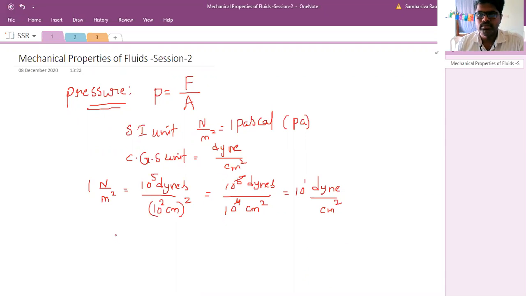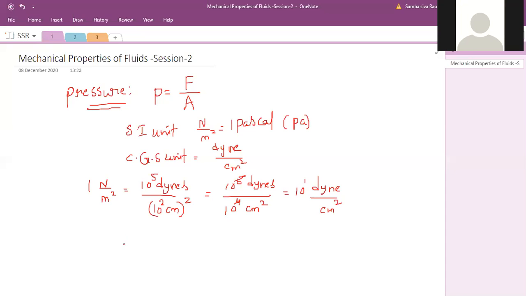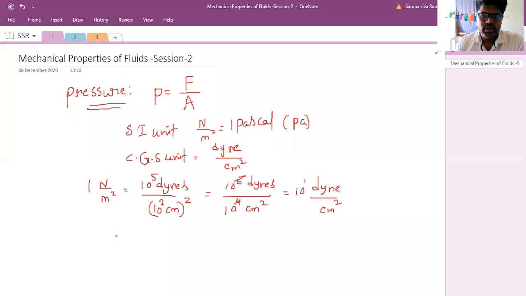Next, one more unit is called the atmosphere. 1 atmosphere is another unit of fluid pressure. 1 atmosphere is equal to 1.013 into 10 power 5 pascals, or 1.013 bar, and 1 bar is equal to 10 power 5 pascals.